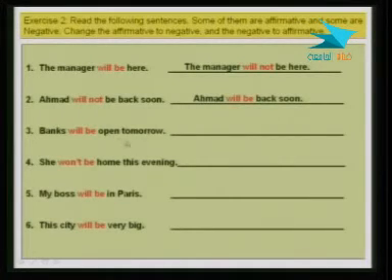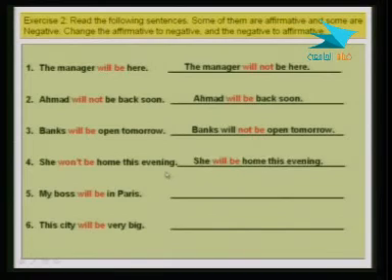Banks will be open tomorrow، البنوك سوف تفتح غدا، فنريد أن ننفي ذلك، فنقول banks will not be open tomorrow. رقم 4, she won't be home this evening. Won't معناها will not، فنقول she will be home this evening.